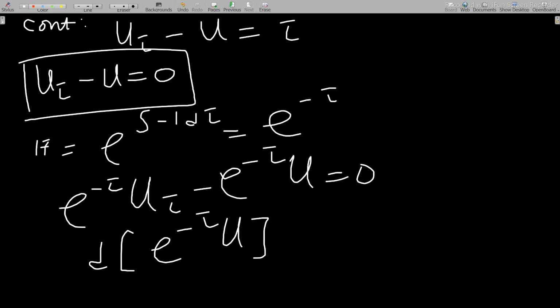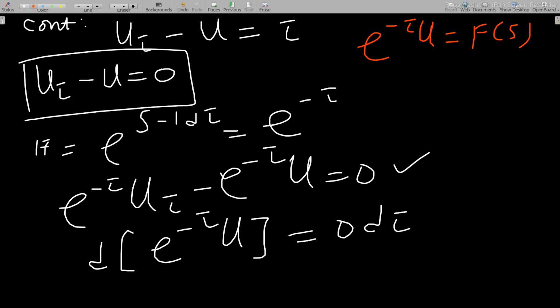When you differentiate this, you get whatever that is up here with this equation. It should be equal to 0 d tau, so it should be with respect to tau. We've actually done this several times in most of our previous videos, so that is why I didn't go through the process. You can watch the previous videos and you understand this. Now with this, you could see that the solution is simply e to the negative tau u should be equal to some constant, and the constant should be in terms of s, since we have tau here.